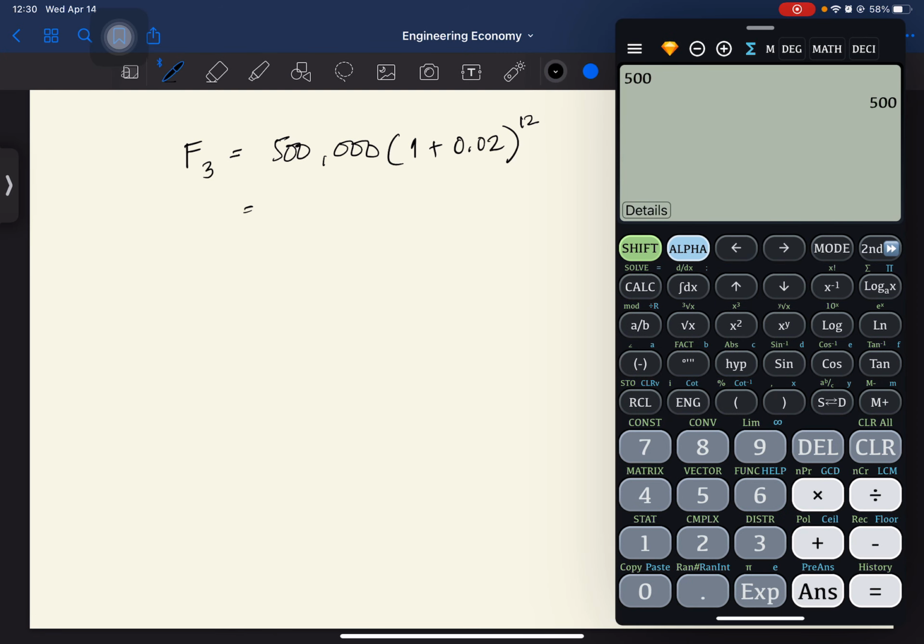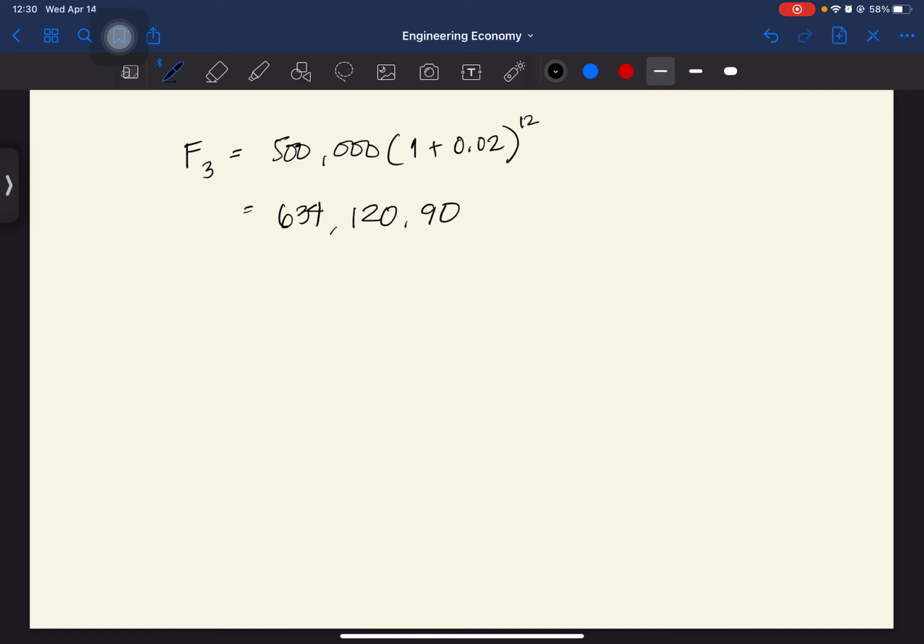Guys, if you are not comfortable with this solution, you can try solving this using the formula na may R at saka may M. Pero I really do like the writing numbers na according to their definition. Okay, not according to the formula. 500,000 times 1.02, and your money will be compounded 12 quarters. So, after 3 years, ang pera mo na is 634,120.90.